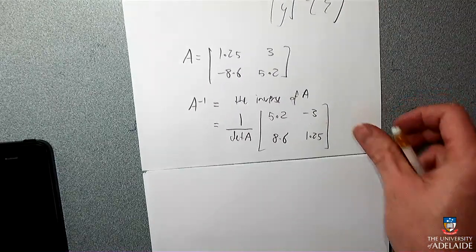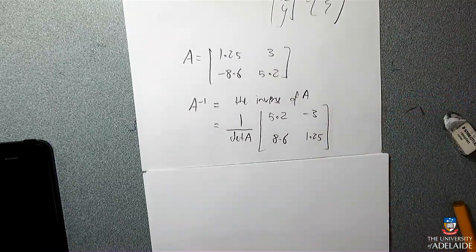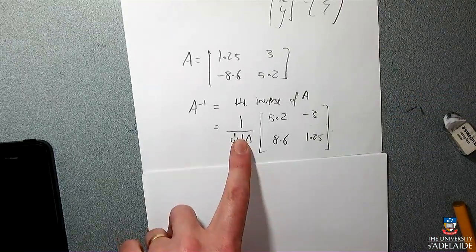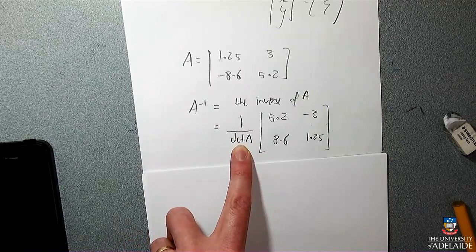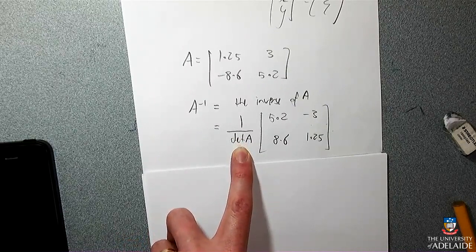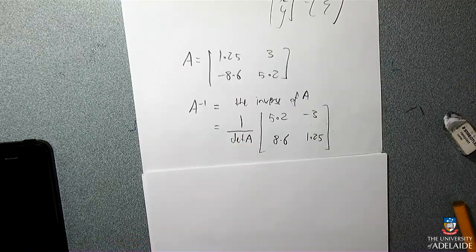The reason we would like to know what the determinant is is because it helps us to do this. But also, if that determinant is the number 0, we're not going to be able to calculate this because it would require us to divide by 0, and that's not going to be possible.